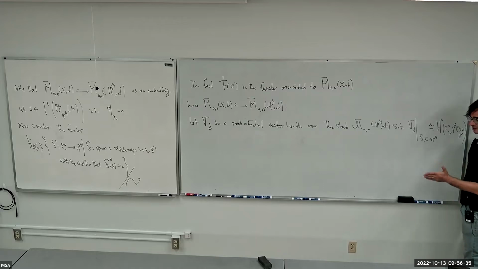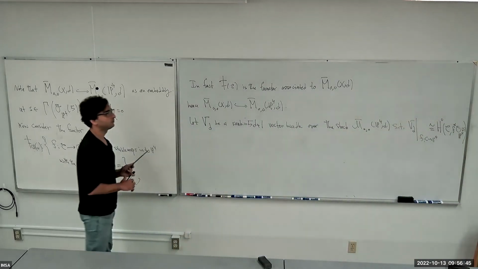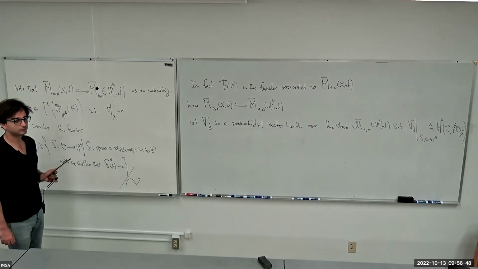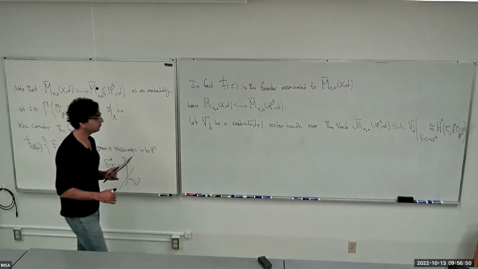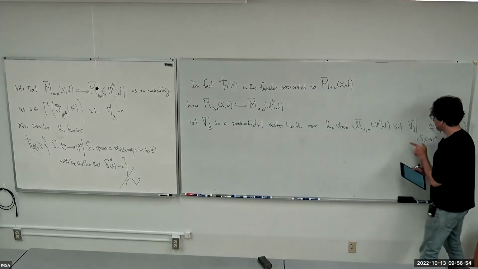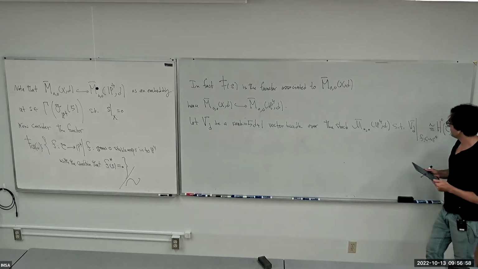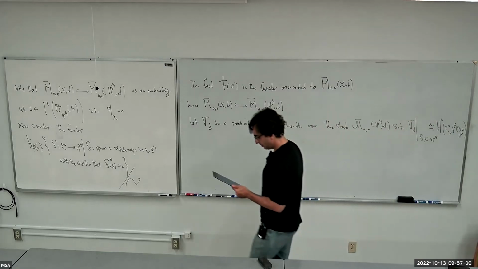So as I vary C, I get a local system. And that's basically my vector bundle. So I have a vector bundle on the whole moduli stack, and its fiber over a point of the moduli stack is this fiber. Okay?